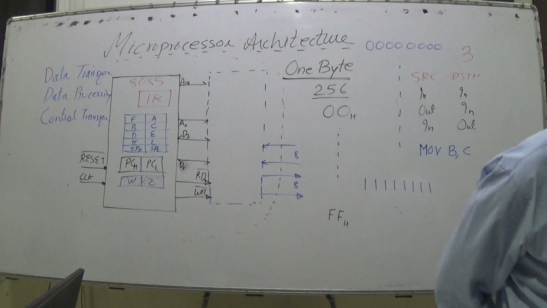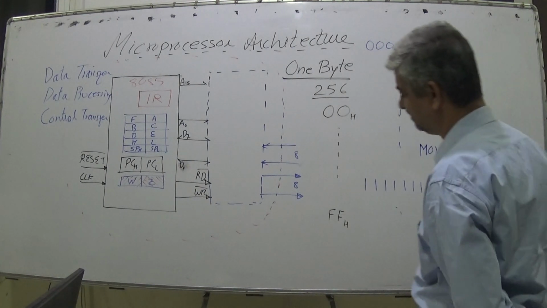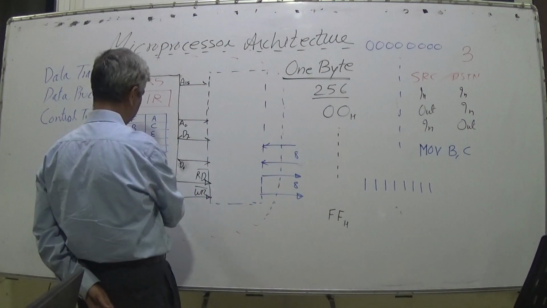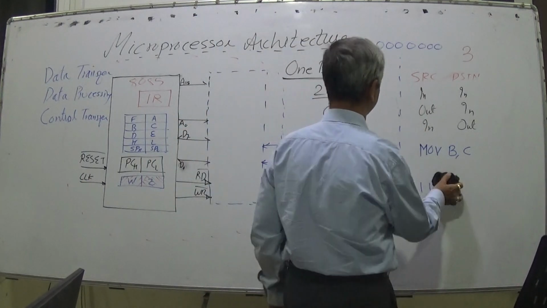This instruction moves data from register C to register B. In general there are 7 registers, which are addressed and used separately. So there are 7 instructions in general.